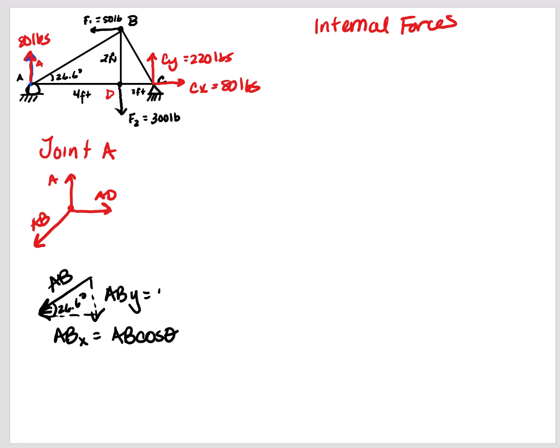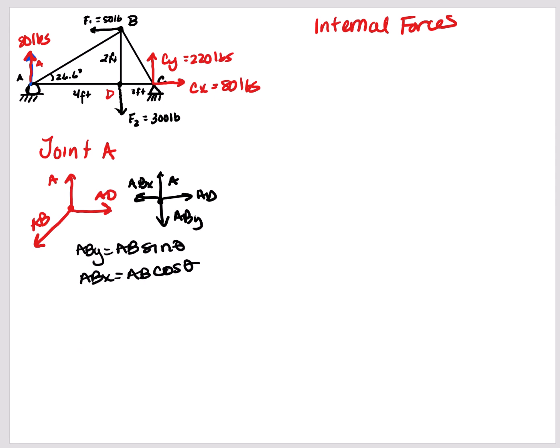ABY is opposite, so it's going to be AB sine theta. So I'm going to redraw this. We already know A goes up. It is going to be opposed by ABY. We know that AD is going to the right, and then ABX is going to the left or west.